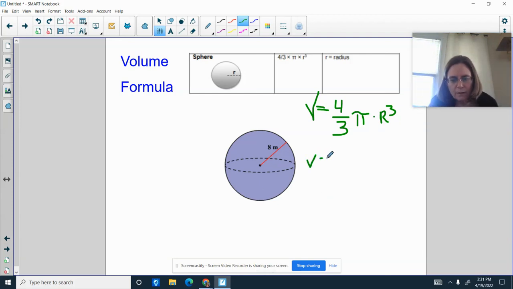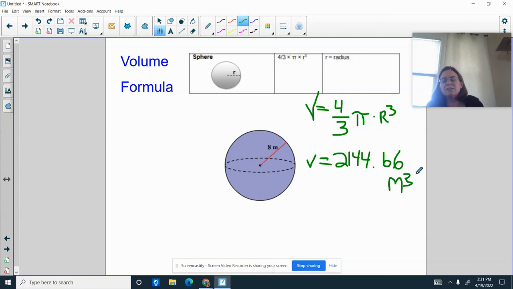So V equals 2144.66. And my units are meters to the third power. It's always units to the third power.